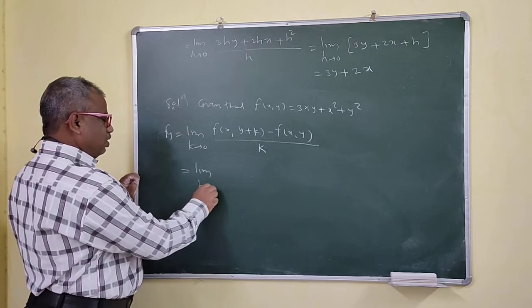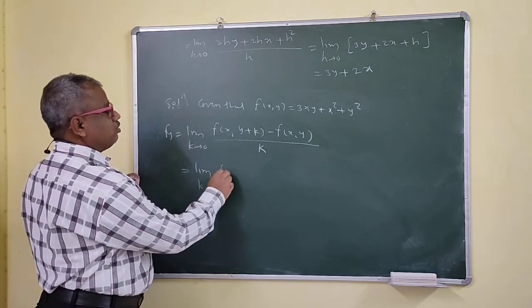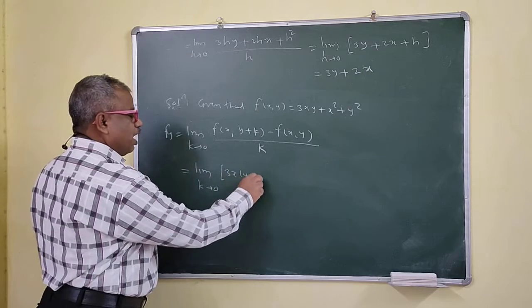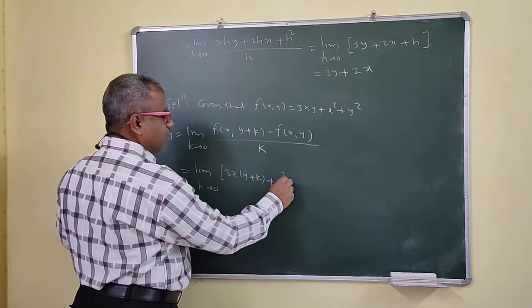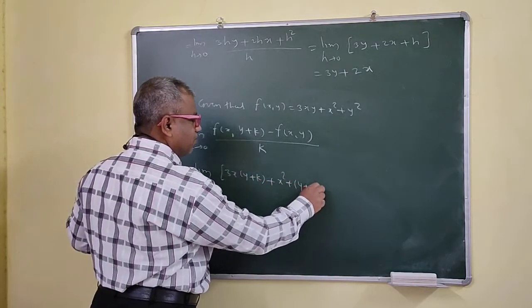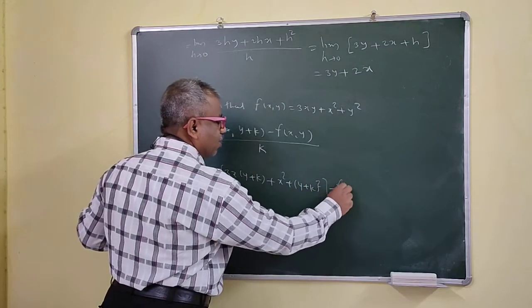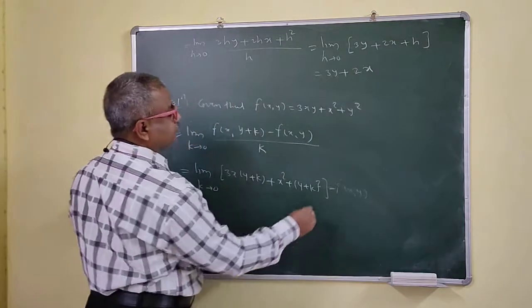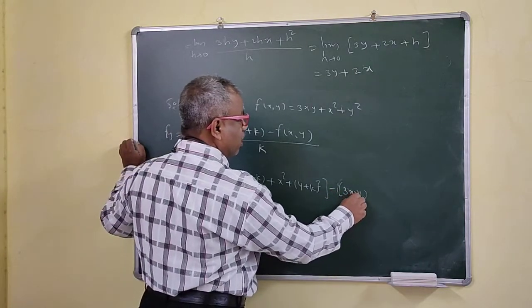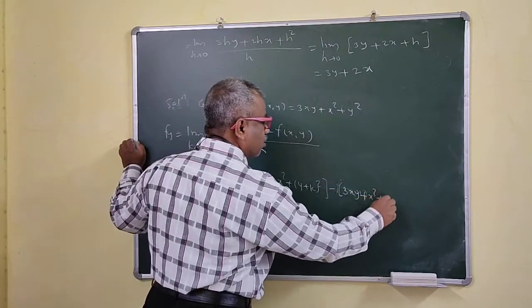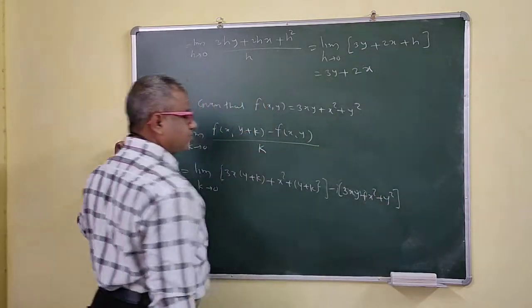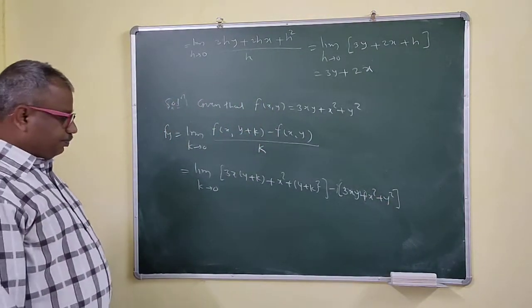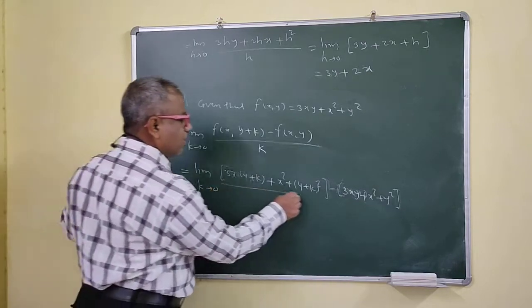Limit k tends to 0 of 3x times y plus k plus x square plus y plus k whole square minus f of xy, just write it, 3xy plus x square plus y square, upon k.